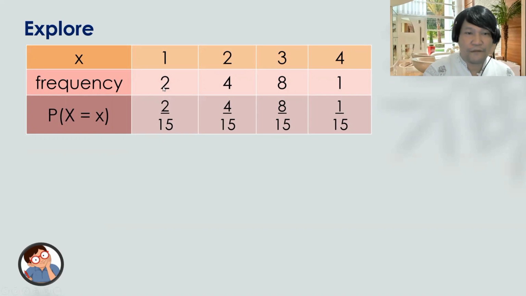Since we have the frequency, the probability that tile 1 will appear is 2 over 15. Since tile 1 appeared twice, we write 2 as the numerator, and the total number of picks is 15. Therefore, the probability that tile 1 will appear is 2 over 15.